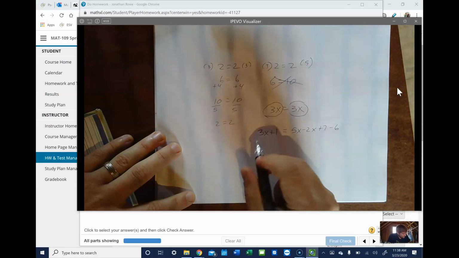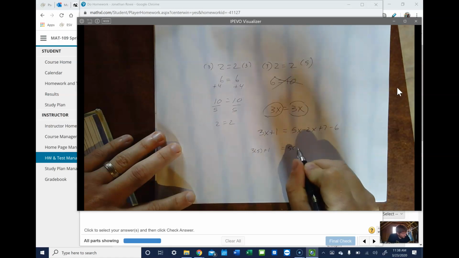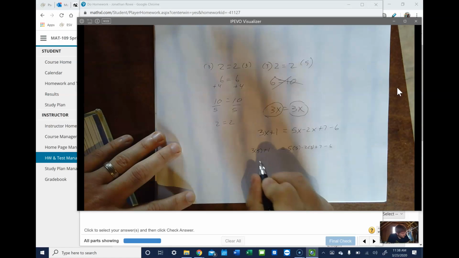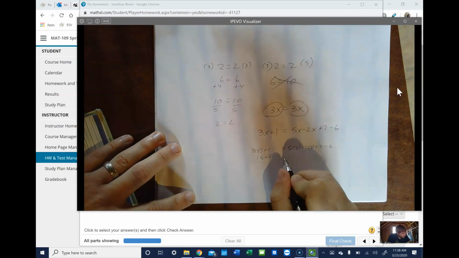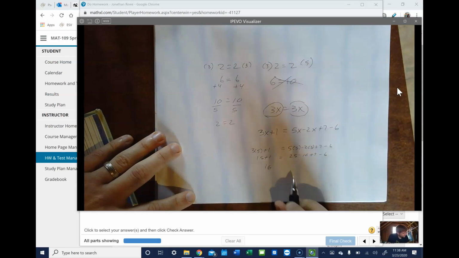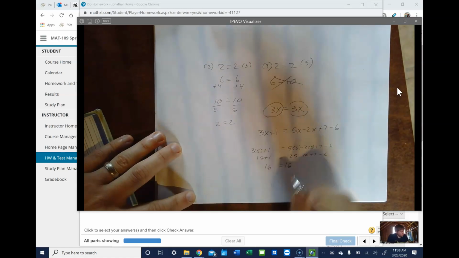That'll give me 3 times 5 plus 1 equals 5 times 5 minus 2 times 5 plus 7 minus 6. So that is 15 plus 1, which is 16, equals 25 minus 10 plus 7 minus 6. 15 plus 7 is 22. 22 minus 6 is 16. So these are also an identity.